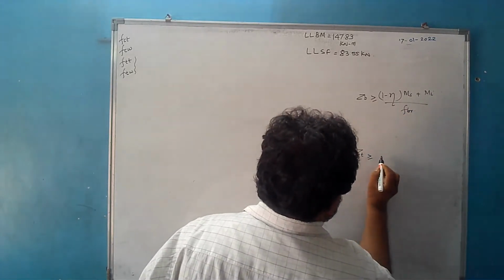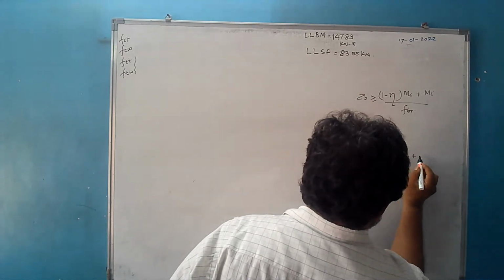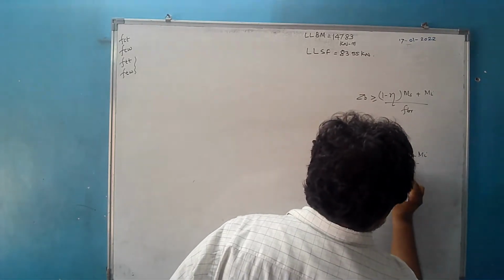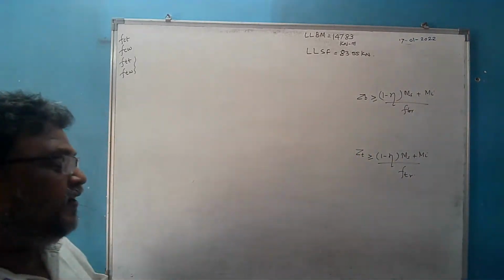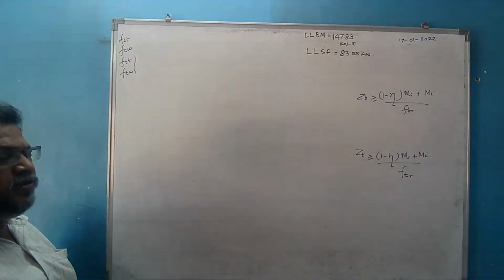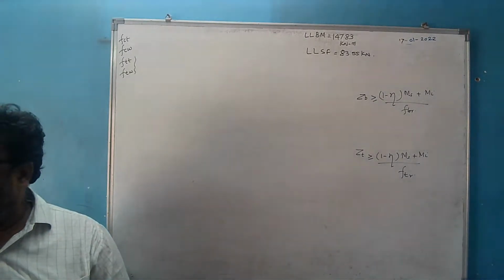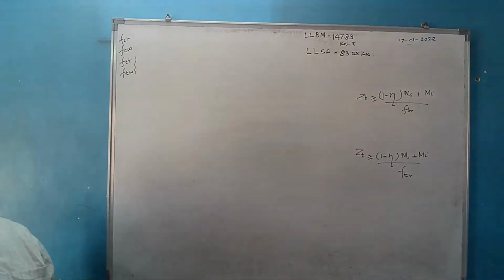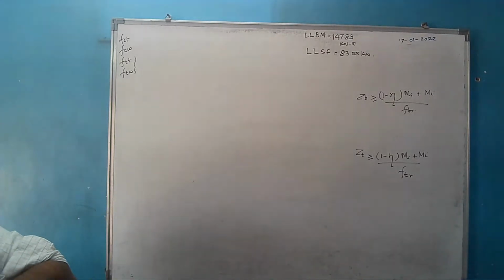ZT must be greater than or equal to (1 minus eta) Ms plus Mi divided by FTR. ये इक्वेशन हमारे लिए कुछ नए नहीं है. If I want the element to be safe in the limit state of serviceability internal stresses with reference to clause 5.3, then these conditions are to be satisfied.